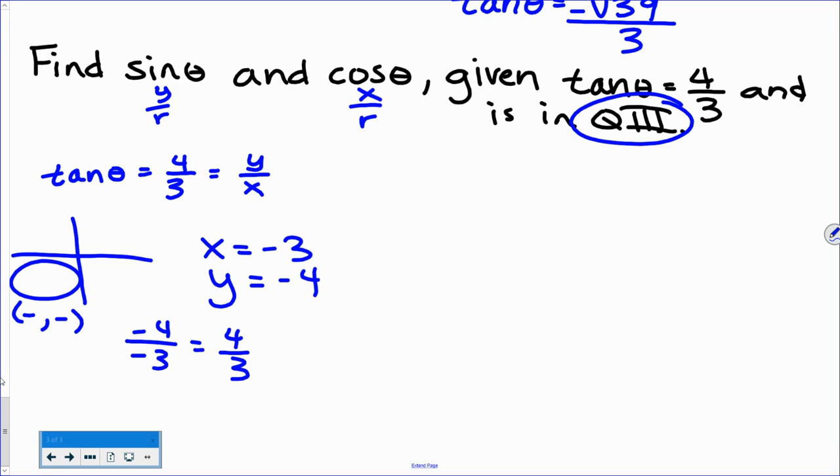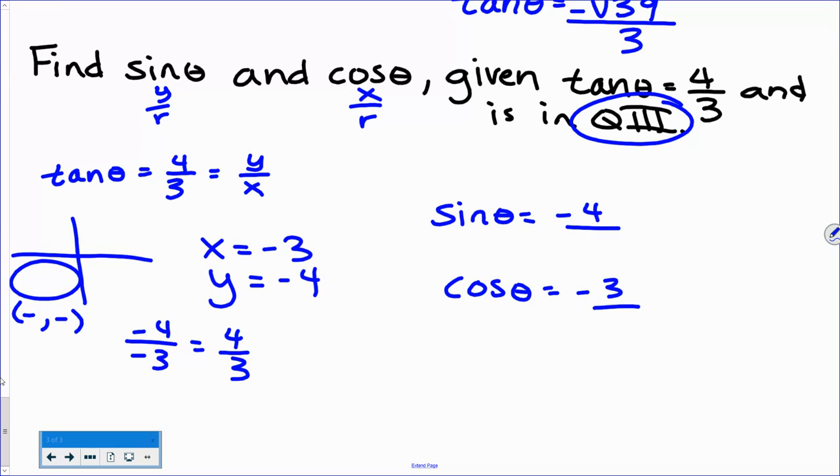There may be some hidden negative signs if you're not paying attention to where it's located. That's one of the most common errors I will see kids do on their homework and tests on these problems. So when I go to do sine of theta, I know my y coordinate is -4. I just got to come up with that r now. For cosine, I know my x coordinate is -3.